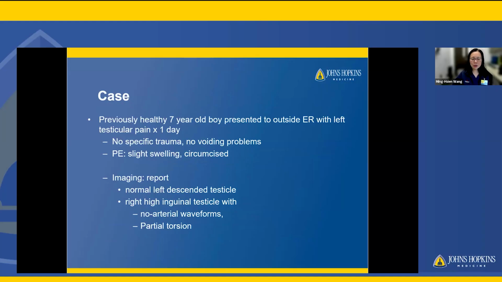But that ultrasound report is super concerning because the left testicle, the side of the pain, looks great, nothing too unusual. But the one on the right is the one that's read as high riding, no good blood flow, and possible intermittent torsion or partial torsion.